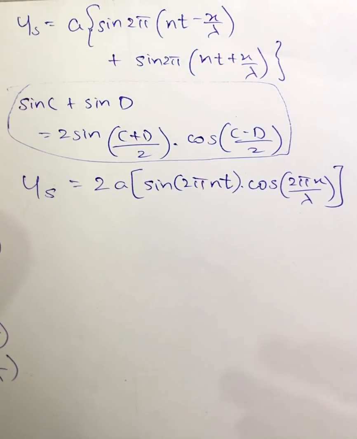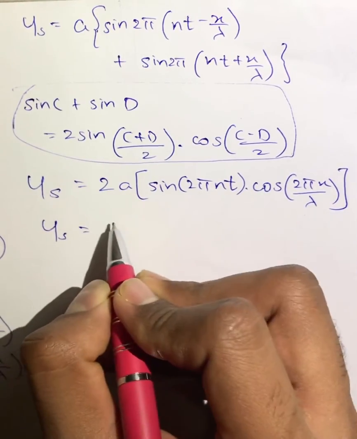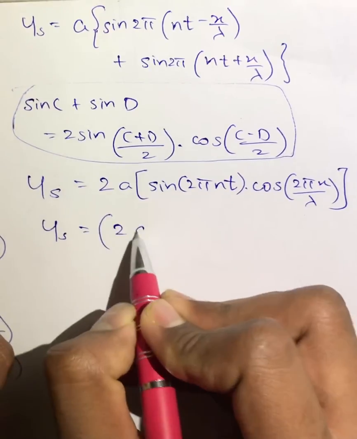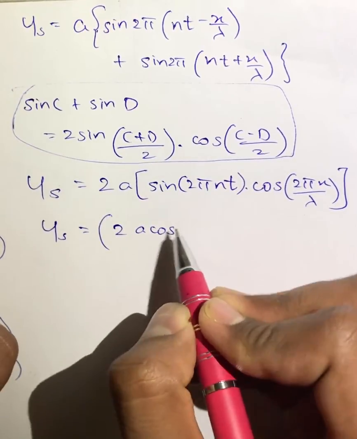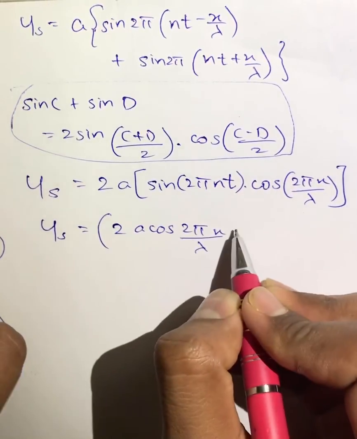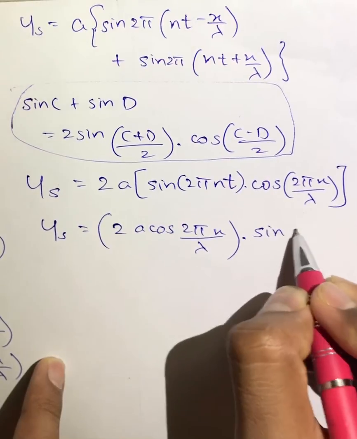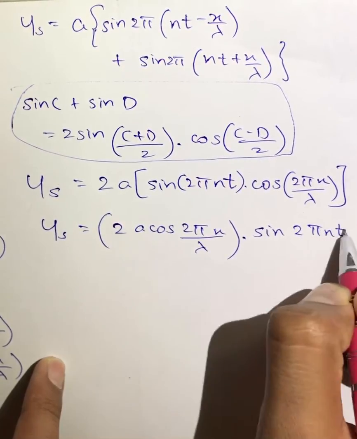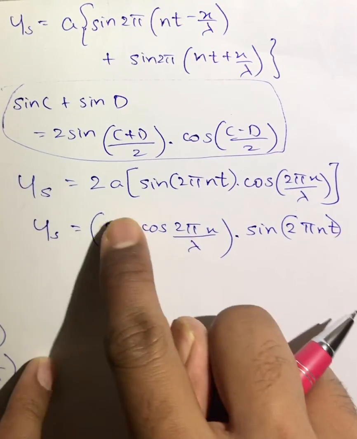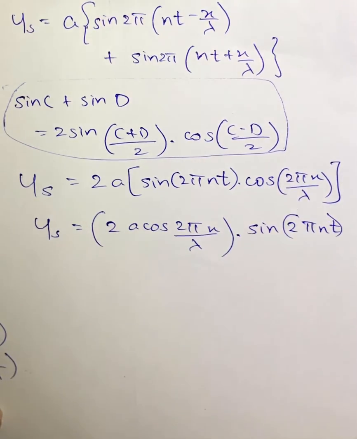Now further simplifying, we get y equals 2a cos (2 pi x upon lambda) into sin 2 pi nt. Here what I have done is that I have simply taken the 2a and cos term together. That's it.